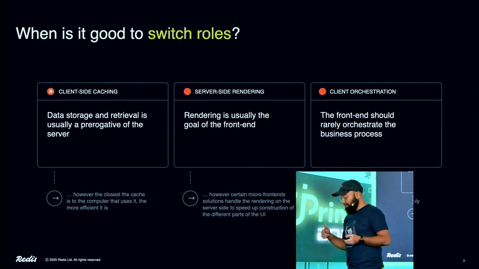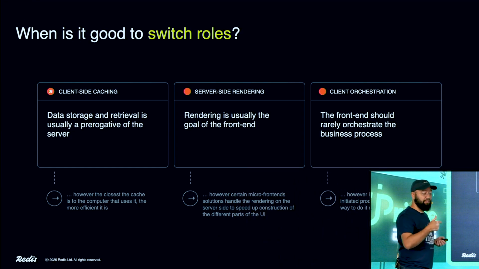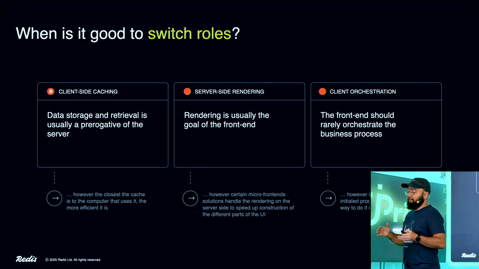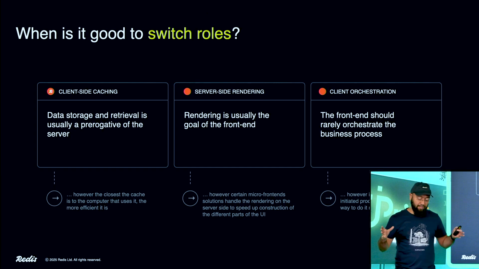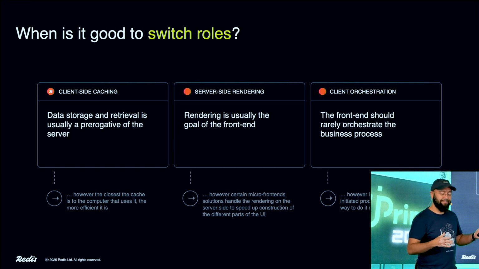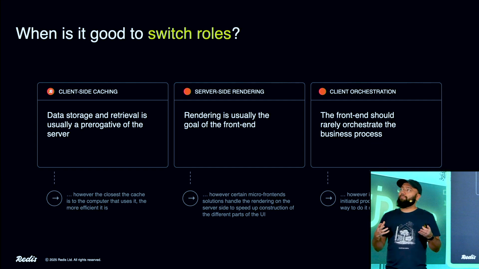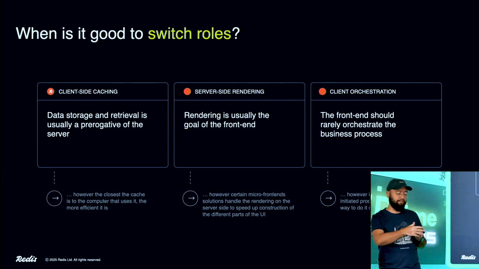Another similar example, but the other way around, is how a server could do the client's work. In server-side rendering, when you have a huge multi-services system, with microservices and micro front ends, you may end up having to build the UI dynamically from the different services behind the scenes.